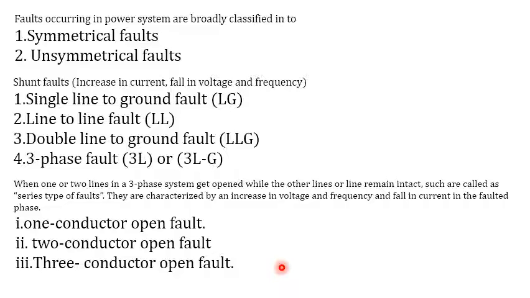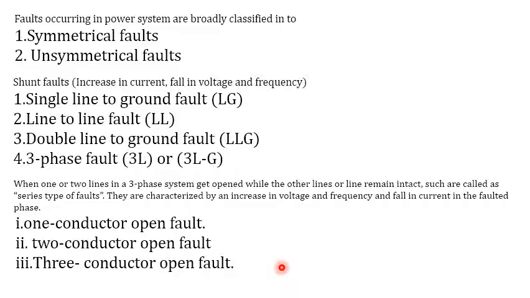It is to be noted that the three-phase fault can also be analyzed using symmetrical components, though it is not a common practice. In this chapter we are going to analyze the various types of unsymmetrical fault.